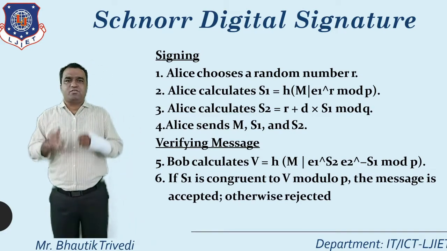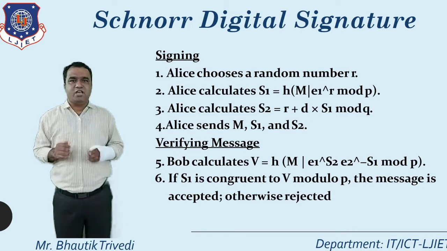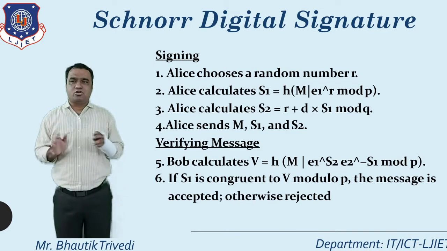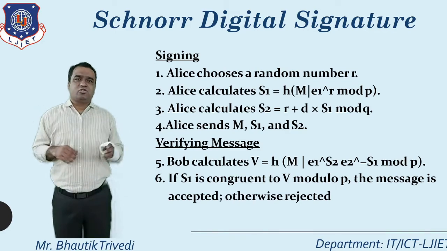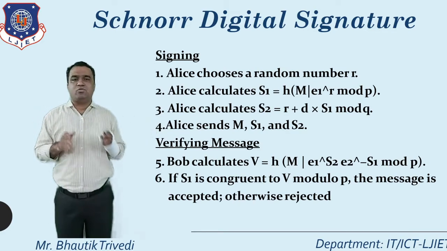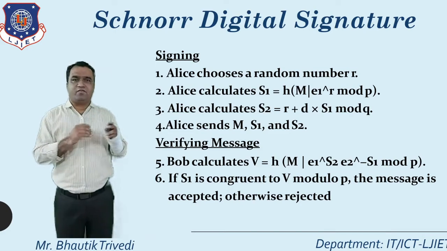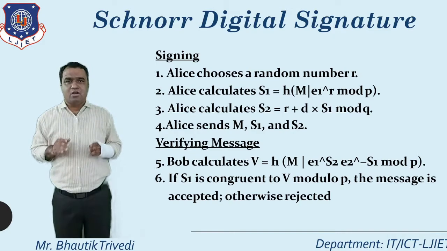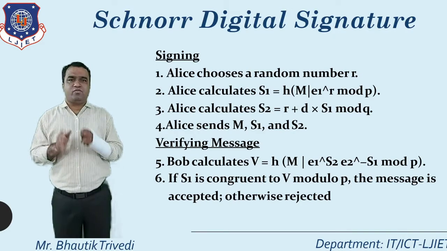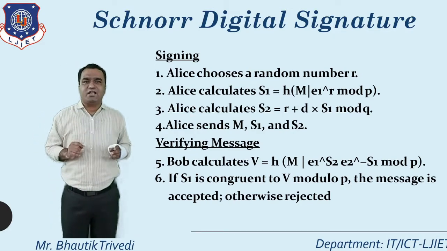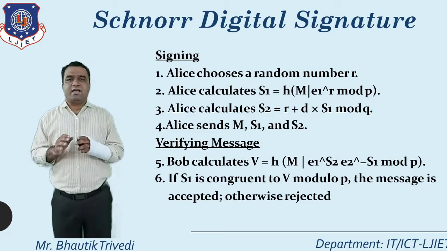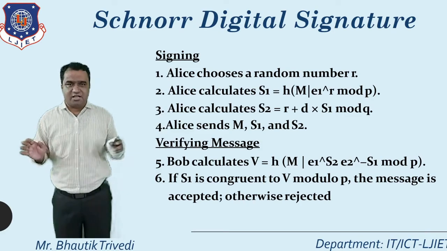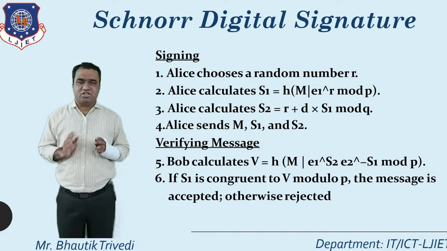In this verifying phase, Bob calculates V. How do I calculate V? You already know the formula, so I won't repeat it here. Using V, you compare S1 with V, and if both have the same value, meaning S1 is congruent to V modulo P, you treat the message as accepted. Otherwise, the message is rejected. So that is the valid signature.